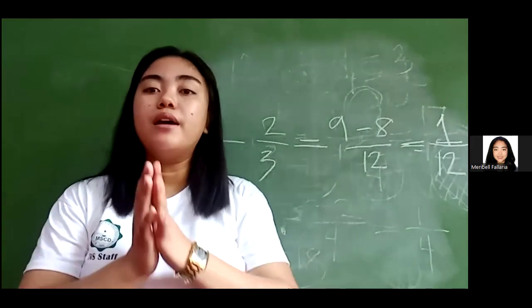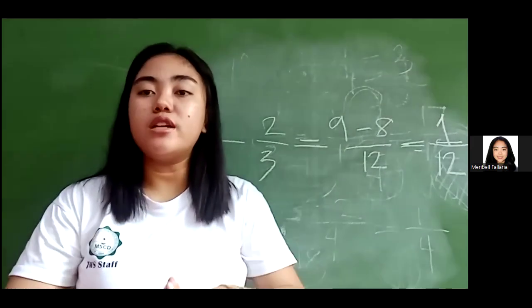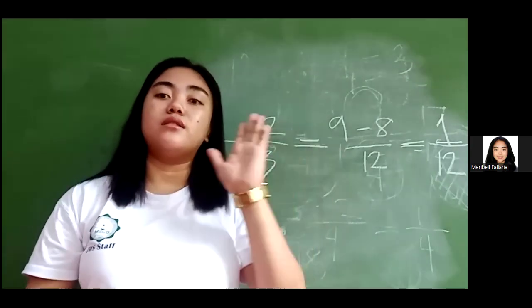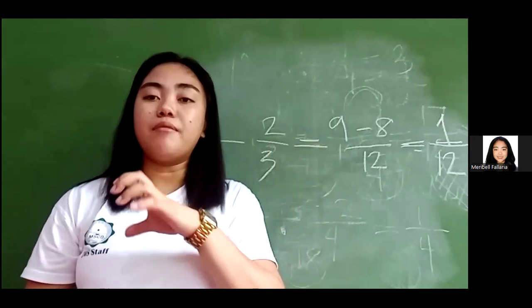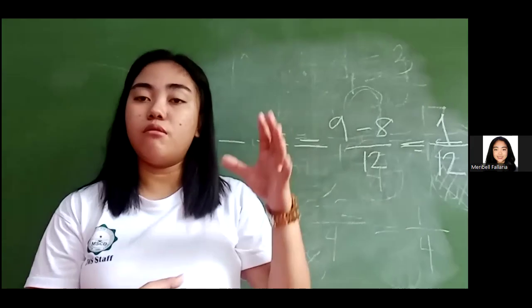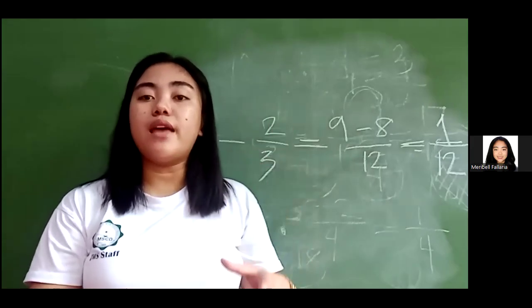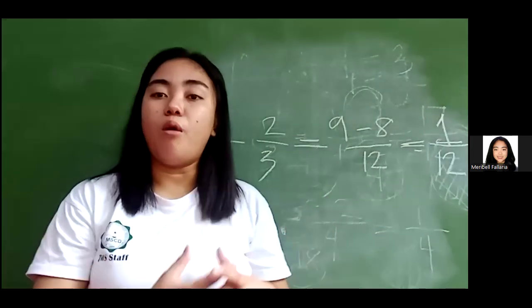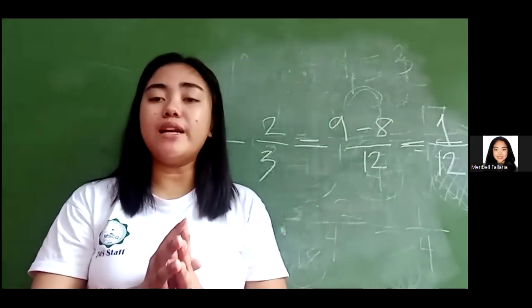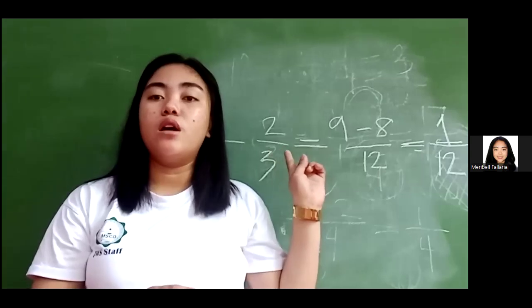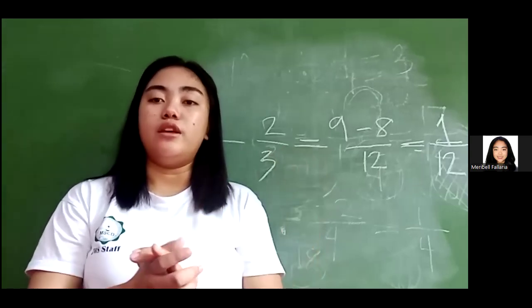If we have naman different denominators, just get the LCM first and then do the process. Divide the LCM by the first denominator and then multiply by the numerator. And then ganun din yung gagawin natin sa kabila. We're going to do that for both fractions. After that, we're going to proceed to subtraction, just like what we do here, subtraction or addition.